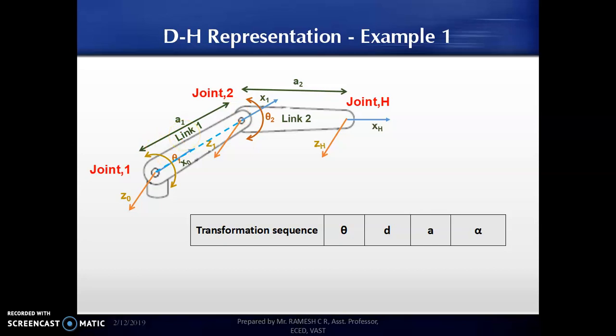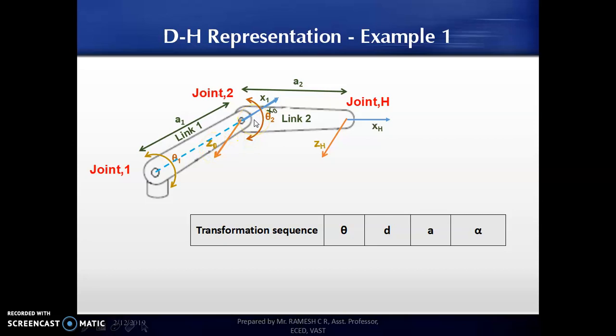The third step is to make the origin of the first frame, the x0 z0 frame, aligned with the origin of the x1 z1 frame. So I need to move this entire frame towards this origin by a link length of a1. Now I can see that the origin of x0 z0 and the origin of x1 z1 are aligned.